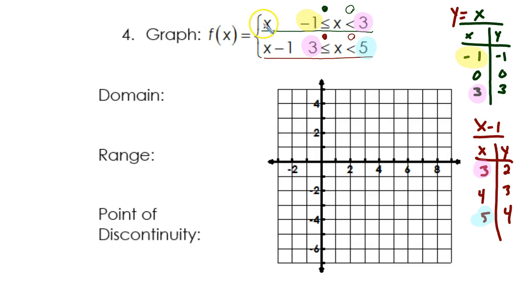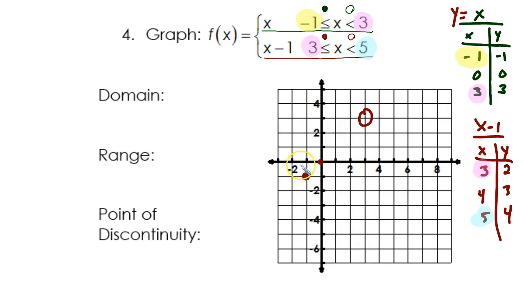If x equals 0, y also equals 0, and 3 comma 3. So I'm going to graph those. The -1 comma -1 gets a closed circle. 0 comma 0 is just along the way, but 3 comma 3 is a less than, so that is going to be an open circle, and that is a boundary. So I can connect those dots.